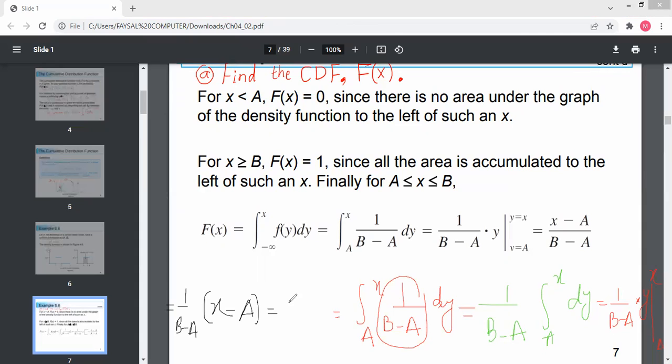So we can write it as x minus a divided by b minus a. So this is the value of function f of x for this interval having points a and b. So this is how we find the value.